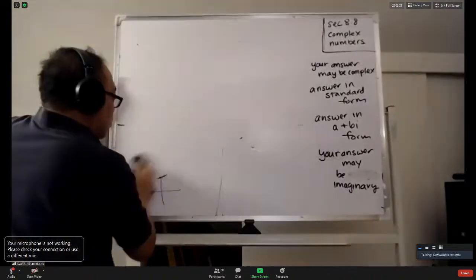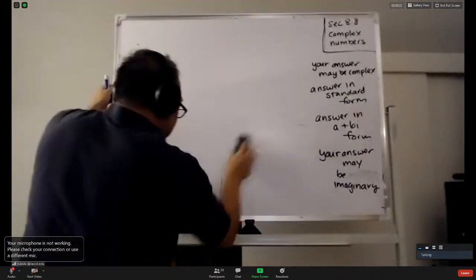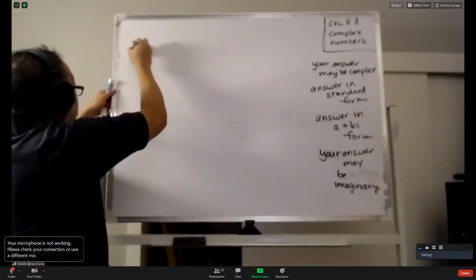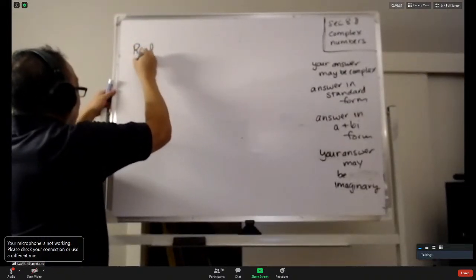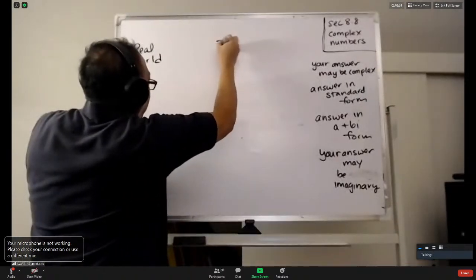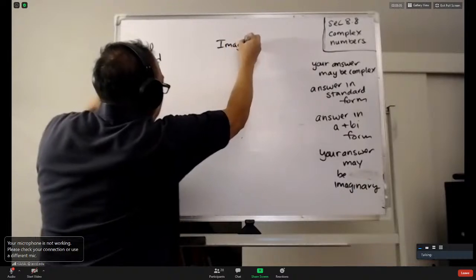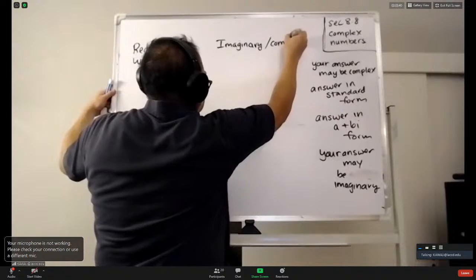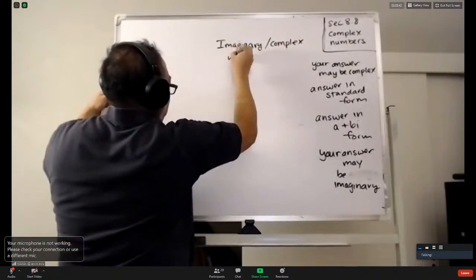Now, there are 2 different worlds in math. There is the real world, and then there's the imaginary or complex world.